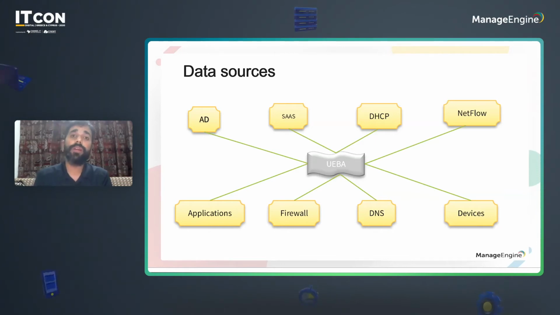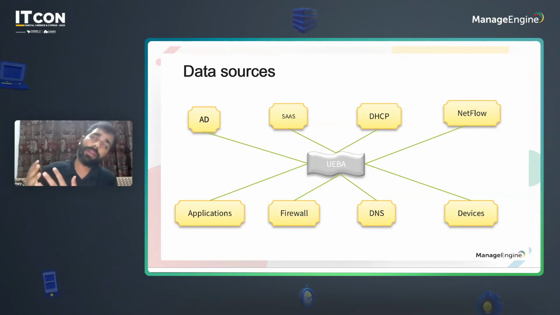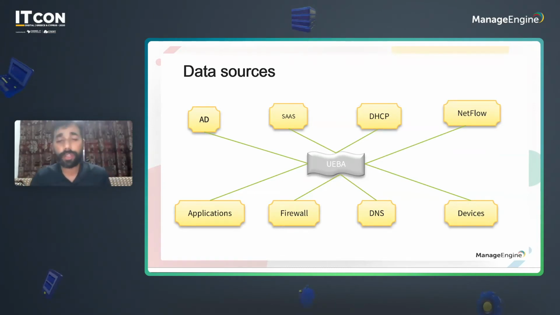And this is where UEBA, user entity behavior analytics, comes in, because a user can do a lot more with the permissions and privilege that he or she has. UEBA uses machine learning as the base point, and now has a lot of predictive algorithms or deep learning algorithms to help you redefine your IT security.